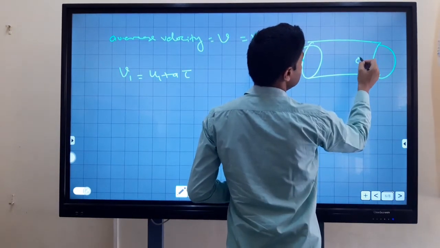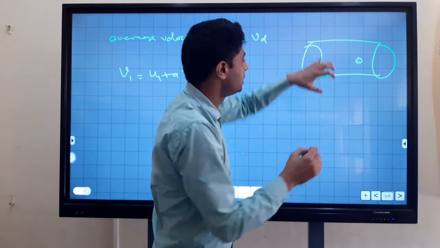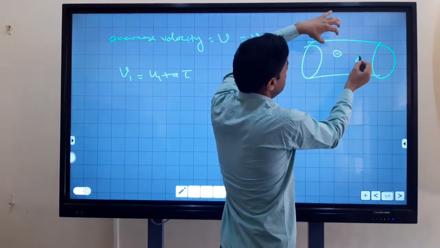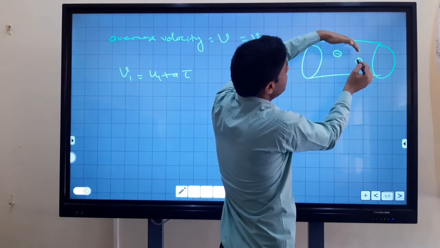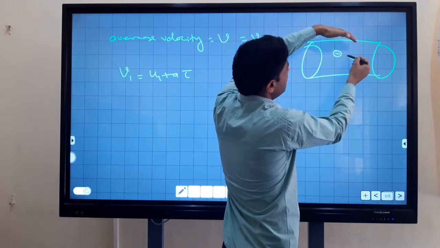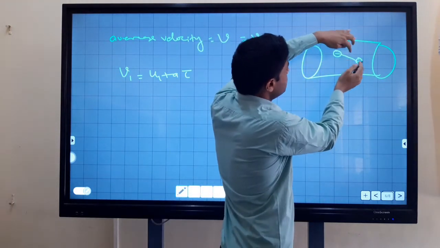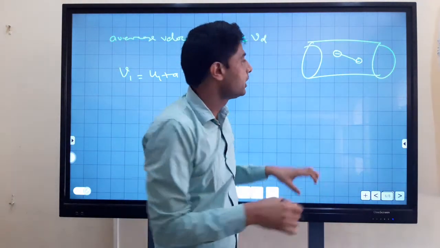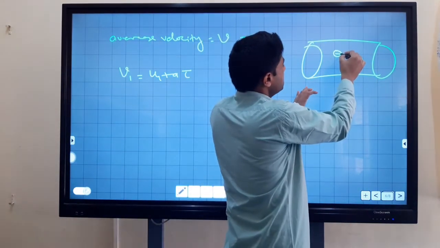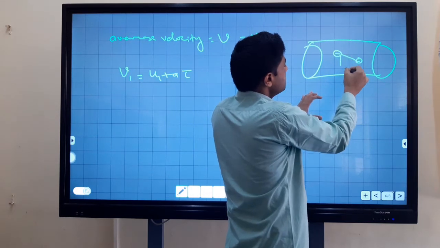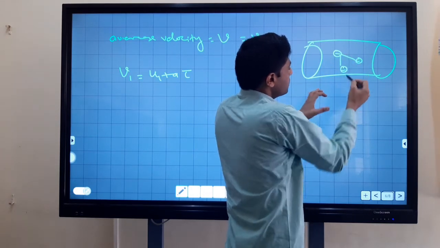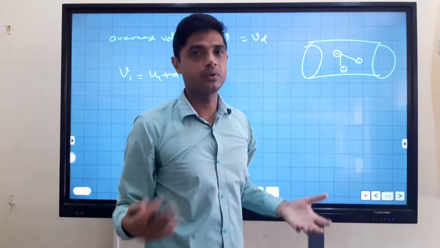Let this be an electron moving in a particular path; it collides with another electron, and after this collision it collides with another free electron.